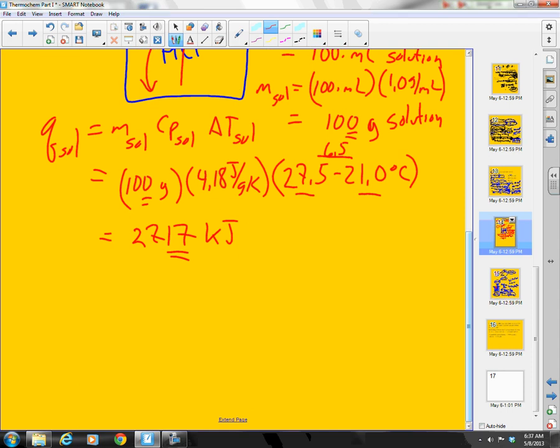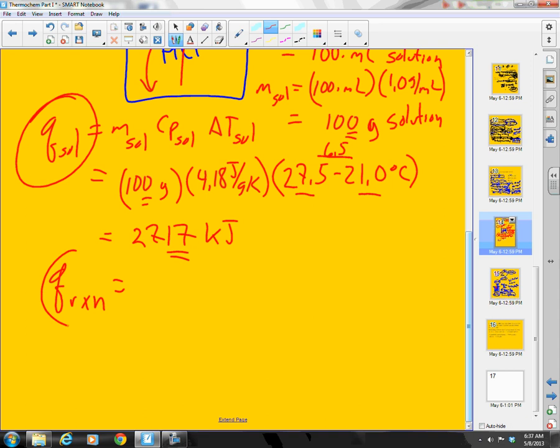Let's make sure I ran those numbers right. 27.5, yes, 6.5, 650, 650 times 4.18. Yeah, there we go. So that's right. So that's my Q solution. But we're not really interested in Q solution. We're interested in Q reaction. Well, where did all this heat come from?